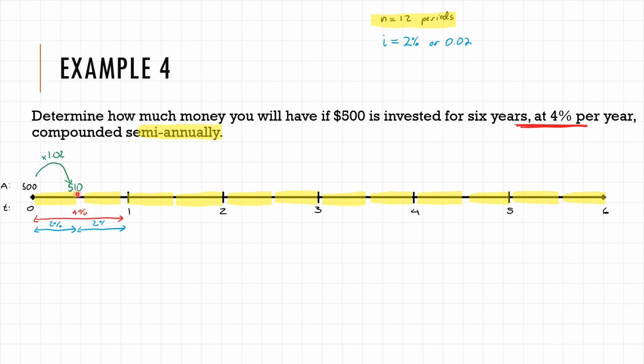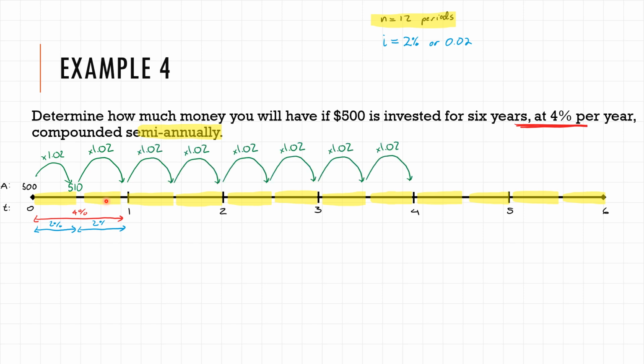And it's $510 after 6 months. And then we can multiply it by 1.02 again to find out how much it is after 1 year. And we can keep doing this, just multiplying by 1.02 again, until we have done this a total of 12 times to find the amount.